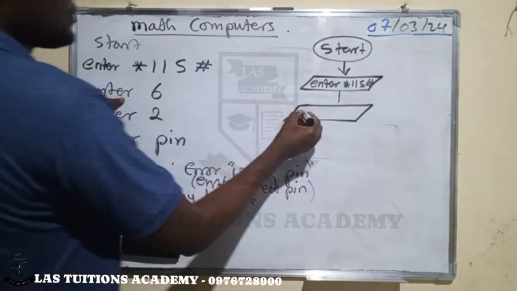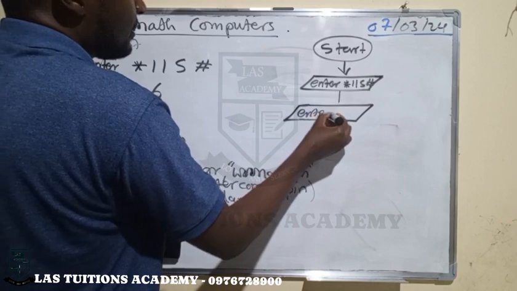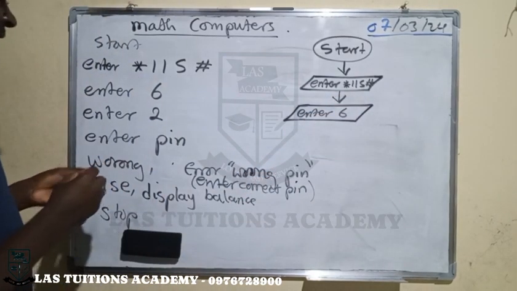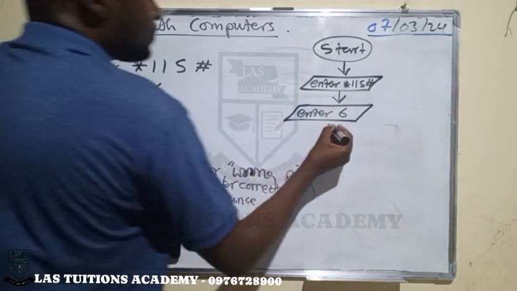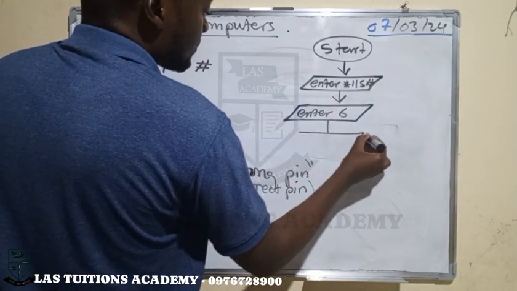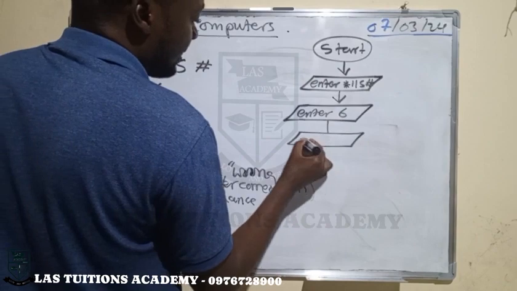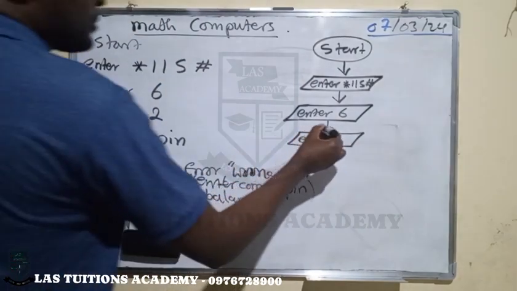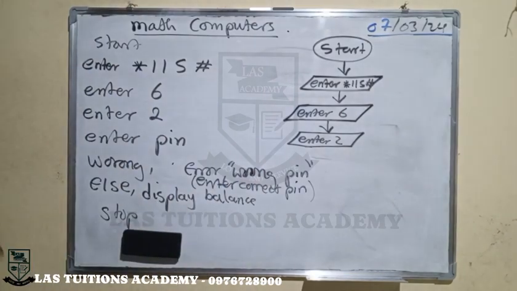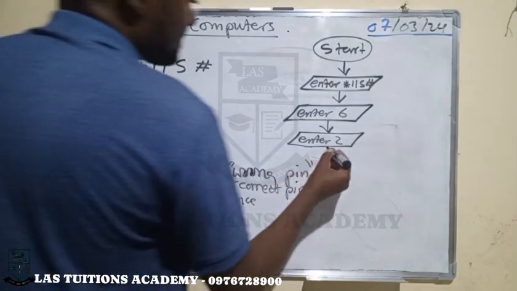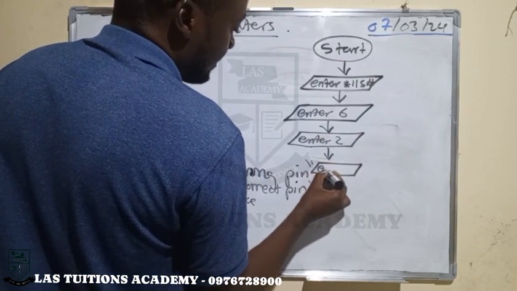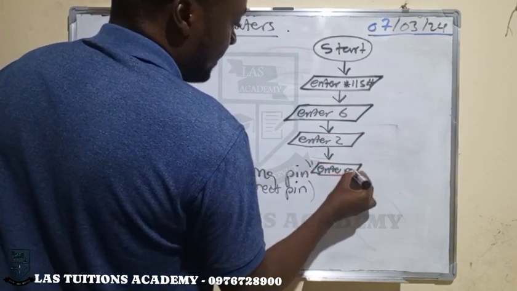So you enter 6, you put an arrow there. Again we are entering 2. So there is this symbol again, enter 2. You put an arrow there. Again we are saying you enter pin. So we are saying enter pin.